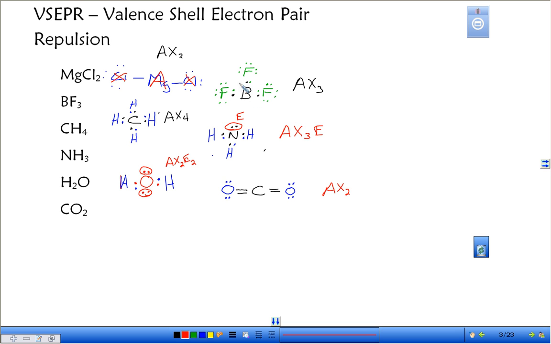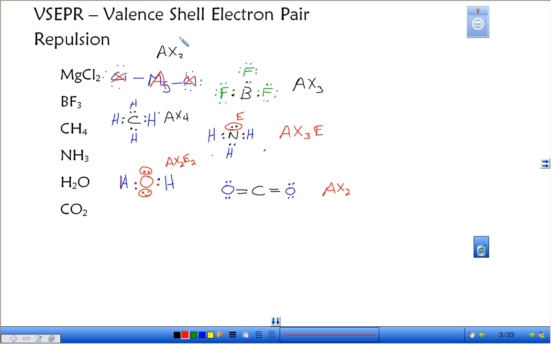Now we move over to boron trifluoride. It's got 3 pairs of electrons in bonds around it, so you get an AX3. And carbon follows suit with 4 pairs of electrons bonded to 4 things, and we get an AX4. Now here's where it changes a little bit. We have nitrogen in the center, and it's got 3 things bonded, but it's also got a pair of electrons.